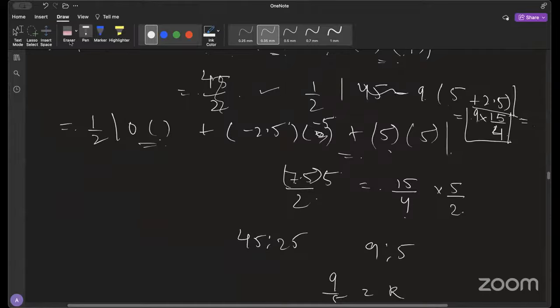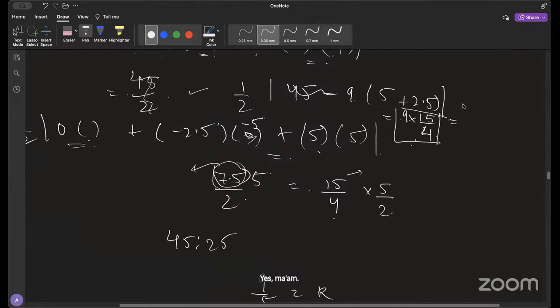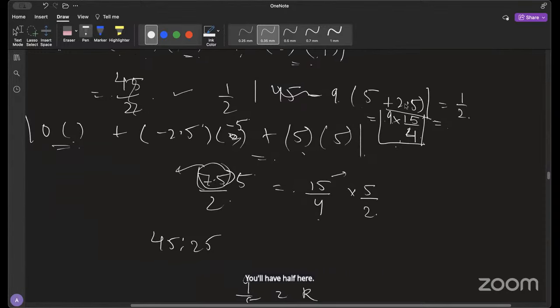Here, how did 9 into 15/4 come in the last step of the area, when you took the common? Half into 9 into 7.5. Just above this one, yes ma'am, 9, then we took the common, 9 5 plus 2.5, you have half here, then this is 7.5 into 9. And then 7.5 is 15 by 2, right? 15 by 2, and then there's a 2 here, so this will be 15 by 4 into 9.